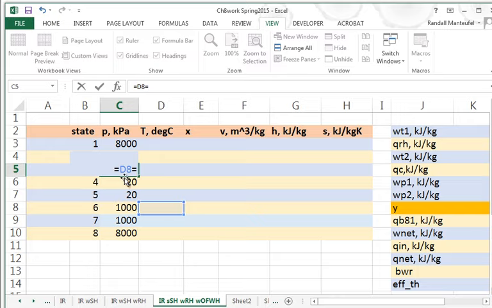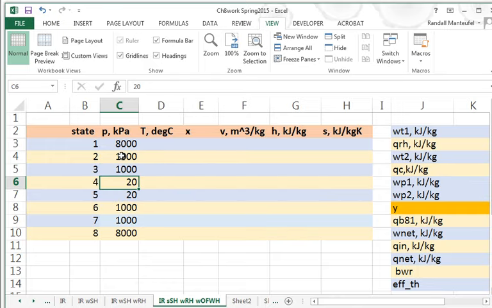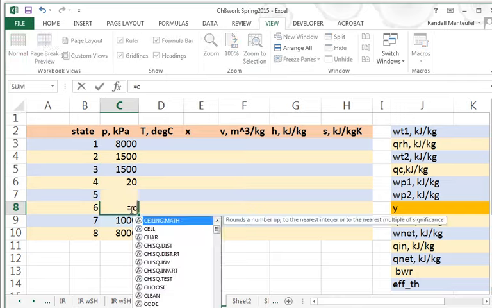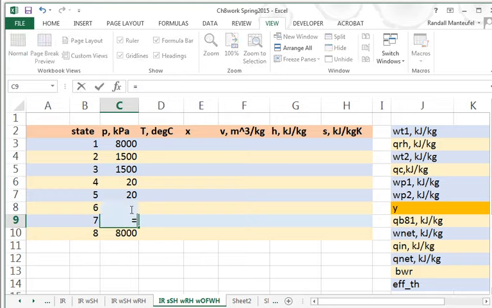Maybe I'll do this. That is cell C4, true? If I say equals C4, it'll just get that value. So if I want to change it to 1500 and explore, then it automatically updates. Likewise, I can say get C3.